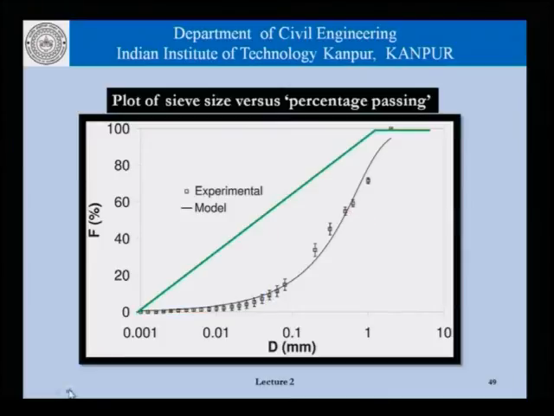Similarly, if the particle size distribution plot looks something like this, then what is the conclusion that you draw as far as that particular sample is concerned?